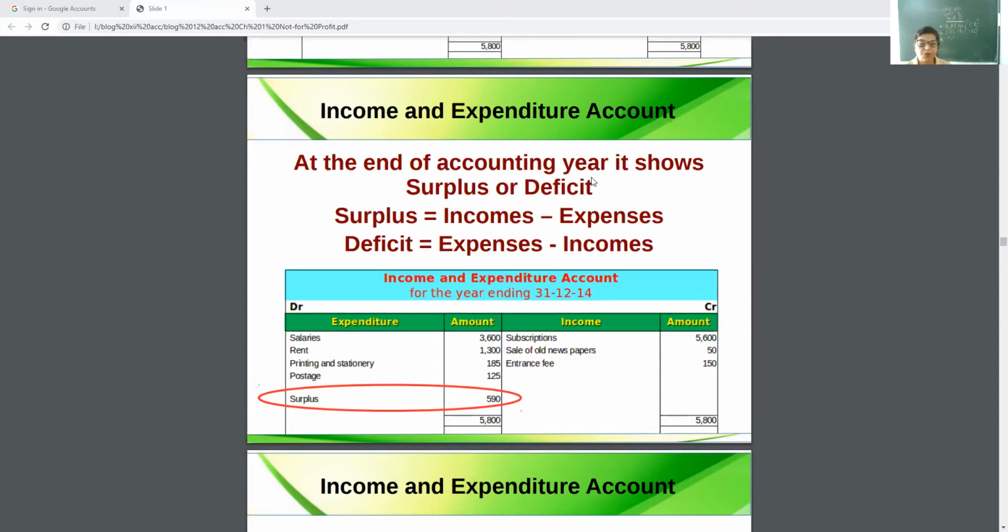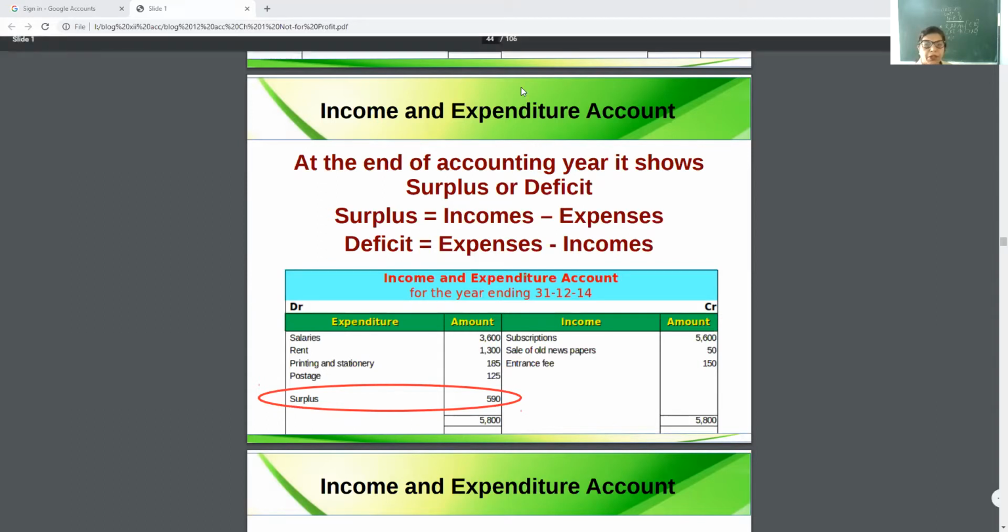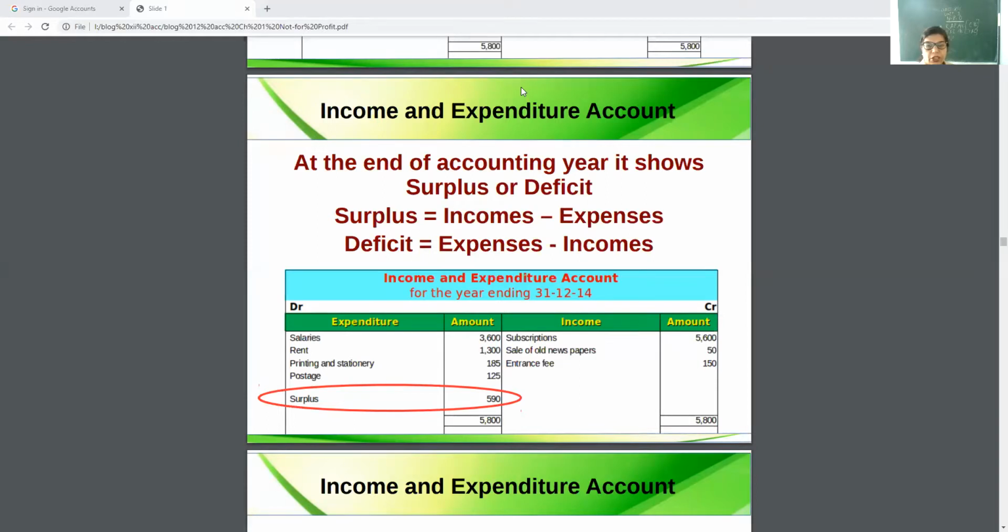Debit is for expenditure: salaries, rent, printing and stationery, postage, wages, and various other items on which the NPO will spend.